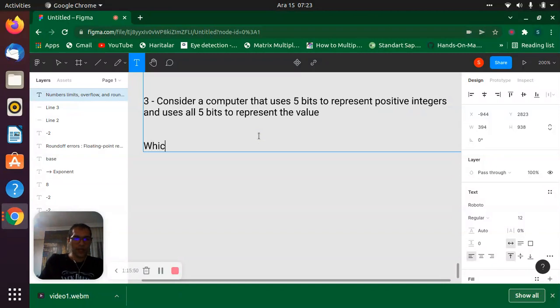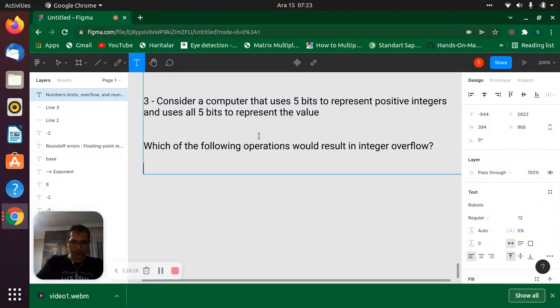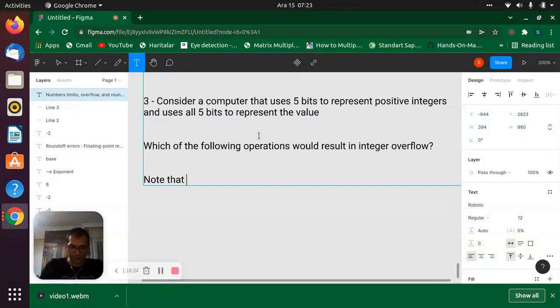Okay. Which of the following operations would result in integer overflow? Note that there may be multiple answers to this question.